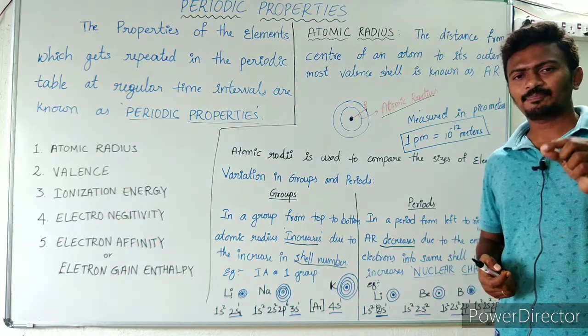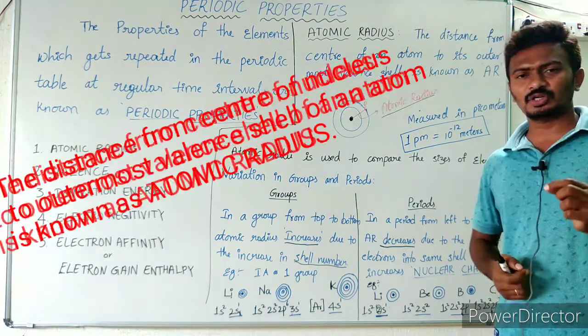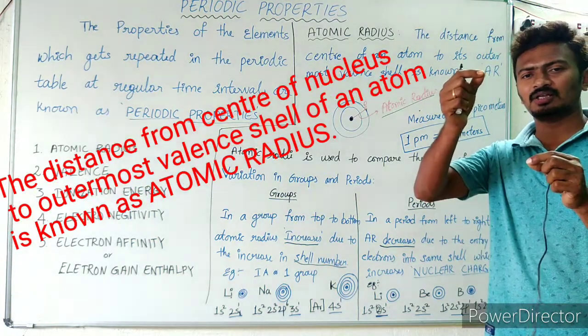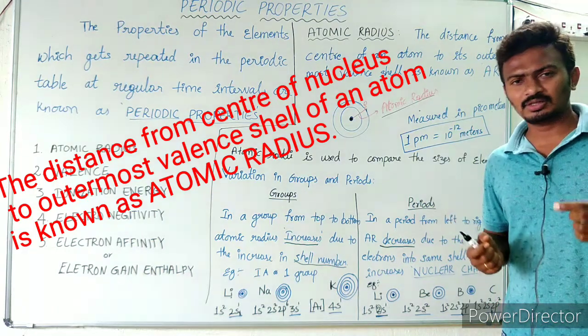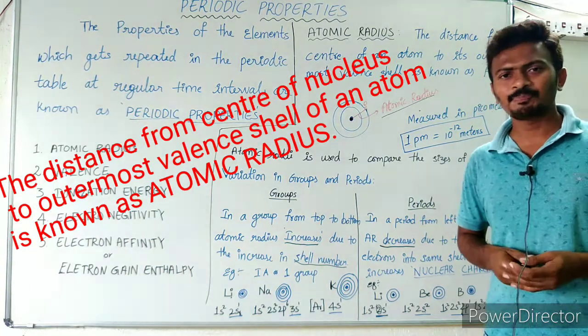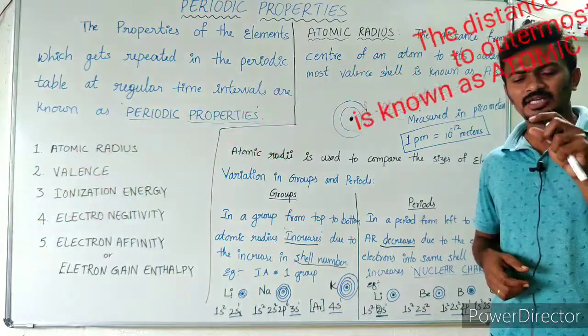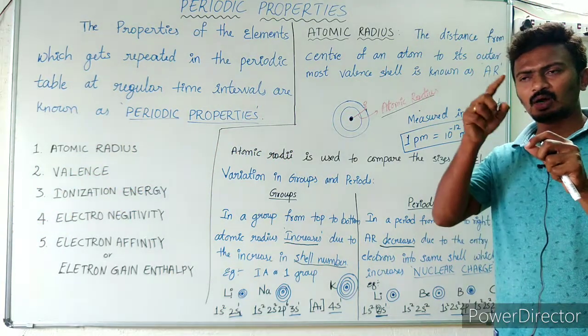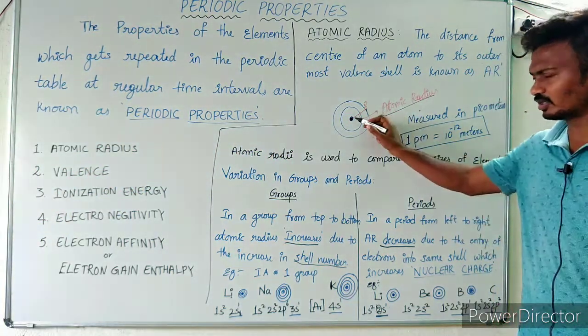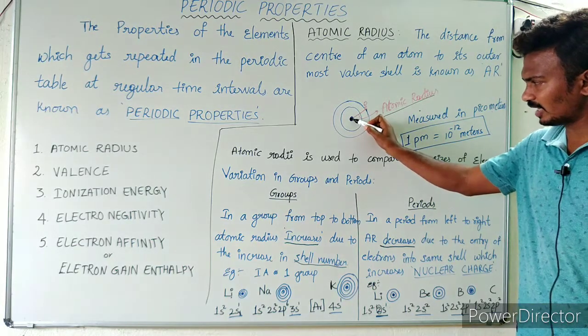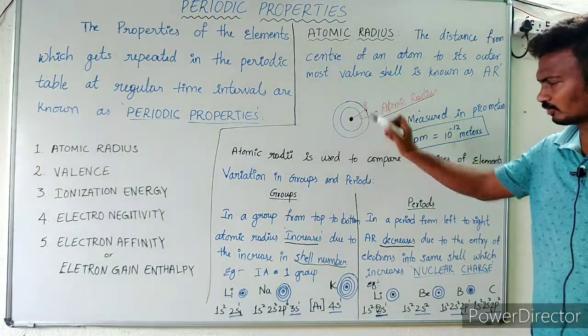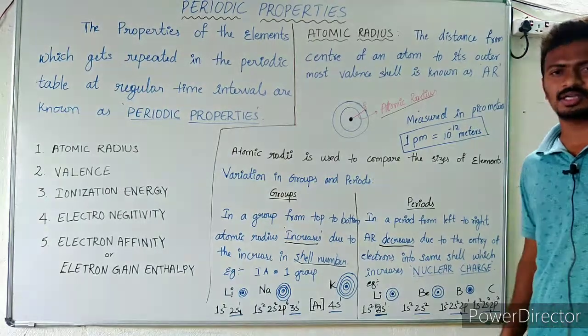The distance from the center of that nucleus to the outermost valence shell is known as atomic radius. See, if you take this as an atom, the distance from the center of the nucleus to the outermost valence shell is known as atomic radius.